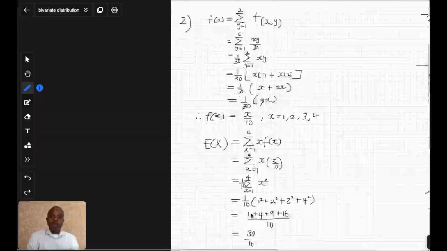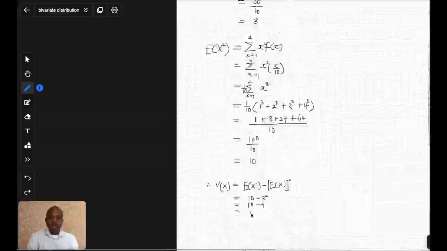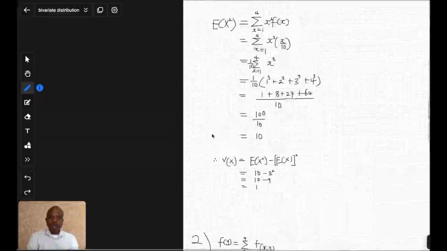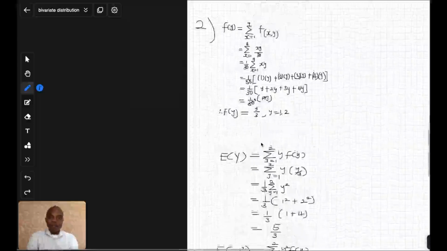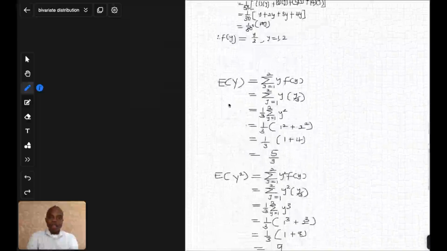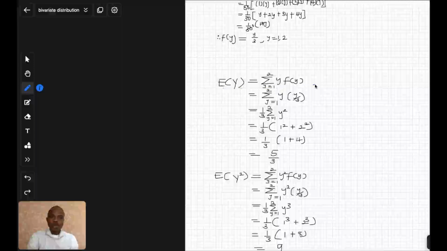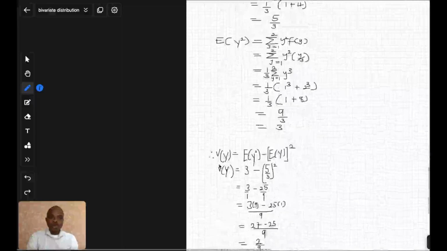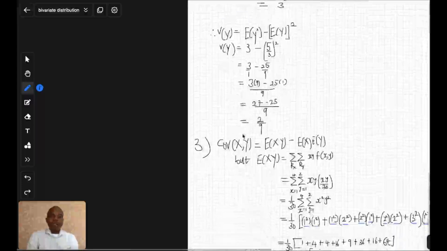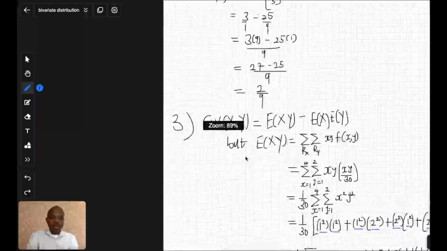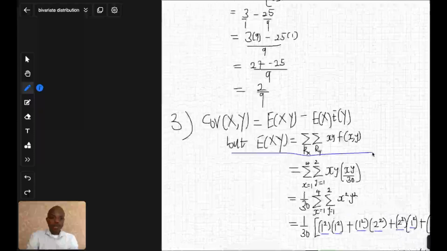And then we went further to define the variance of x to be this, after obtaining the expected value of x squared. And then the mean of y was found to be something like what you have here, and then we went on to talk about the variance to be something like this. Now we obtain the covariance to be what you see here.